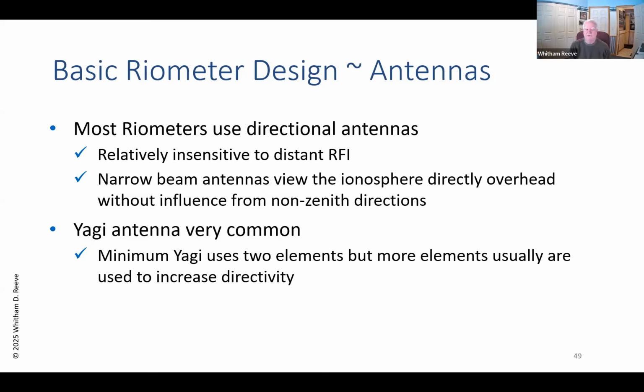Now, early riometers and even today used Yagi antennas, usually in a relatively small array of Yagis, and a Yagi is a minimum of two elements, but usually they'll use a four or maybe even a five element Yagi antenna.